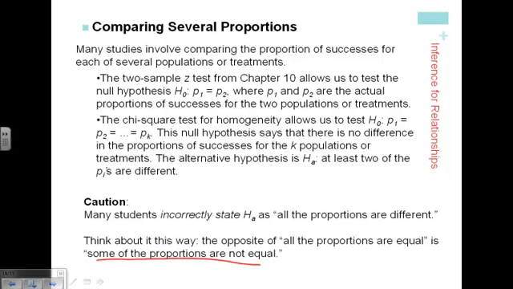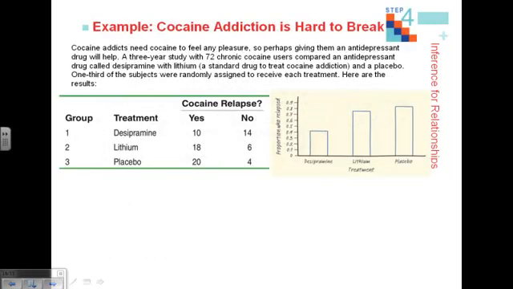Okay. And again, all we're doing is a chi-square and checking all those simultaneously. Okay. So here's our example. Now, in this particular example, we're testing treatments for drug addicts. We'd like to help them get off of their addiction.